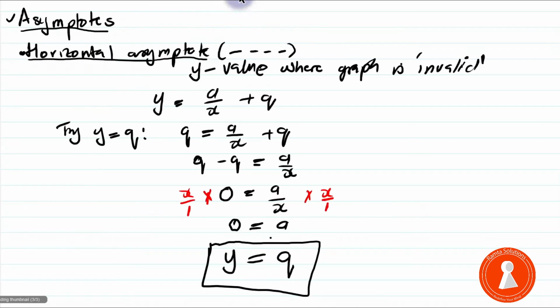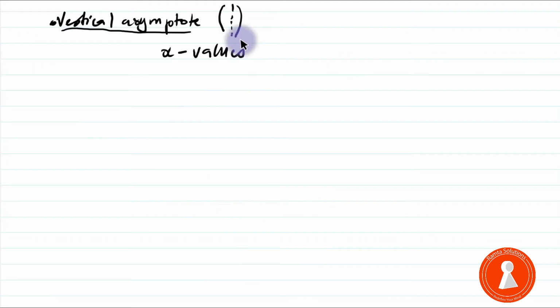We're looking at the x values, of course, where the graph does not exist. Let me say x value where the graph does not exist.